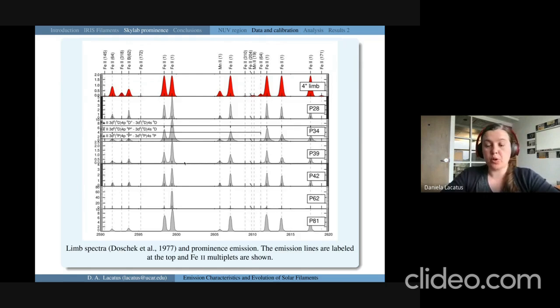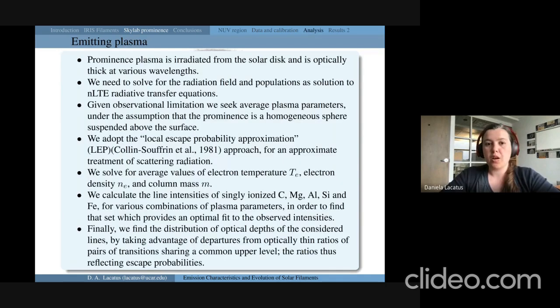After we have obtained the spectra, we can try a simple calculation to see what plasma properties within the prominence give us the relative intensities observed in the different prominences. For this, we have to make a few assumptions. The prominence plasma is only radiated from the solar disk and is optically thick in the various lines.